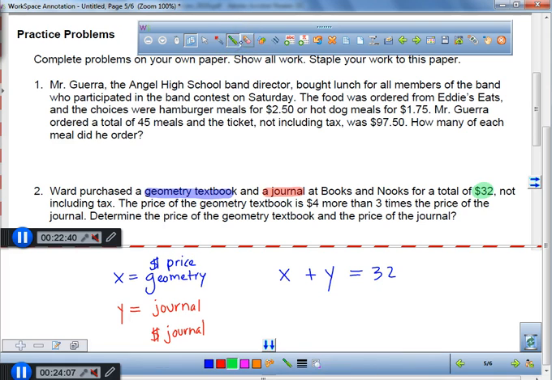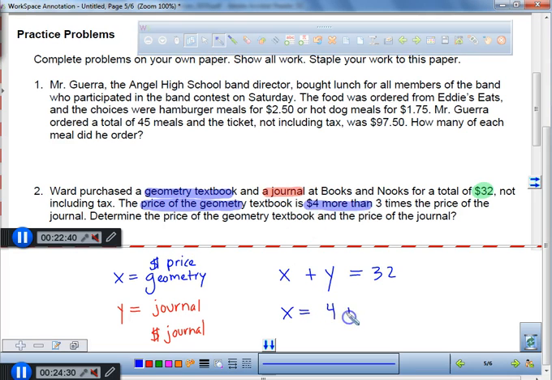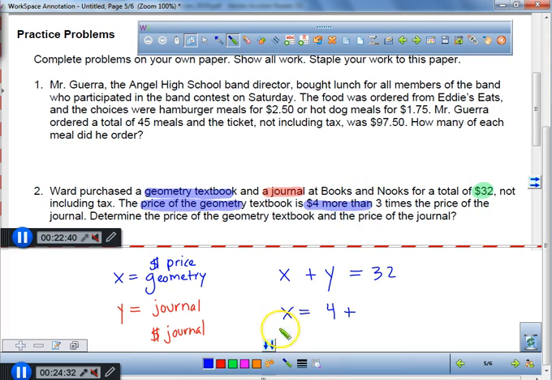Here we go. It says, the price of the geometry textbook is. What letter represents the price of the geometry textbook? X. Here's what I'm going to write. X equals 4 more than, that means 4 plus, and then it says 3 times the price of the journal.